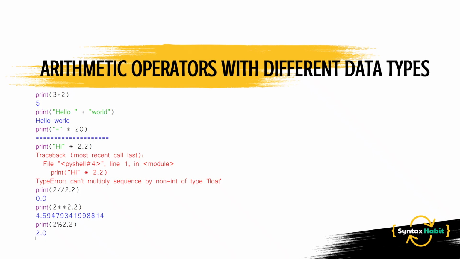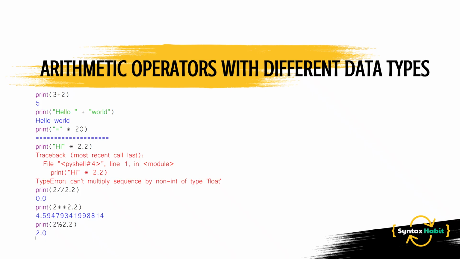What about multiplication? With numbers, it works exactly as you would expect. Strings behave a little differently. If you multiply a string by an integer, Python repeats the string that number of times. However, you cannot multiply one string by another, and you also cannot multiply a string by a float.